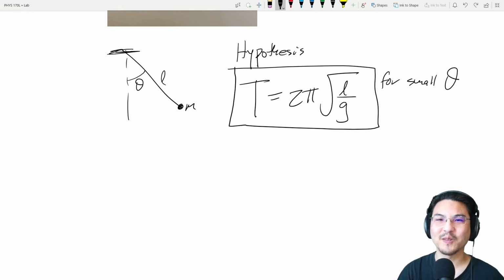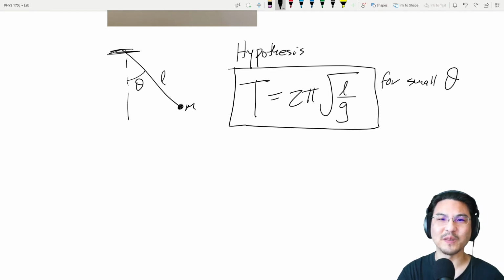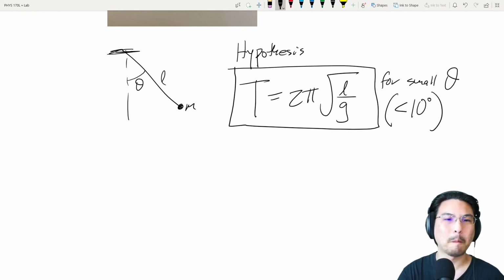So the mass shouldn't even affect the period. The angle shouldn't affect the period. Only the length and g. So if you do this on a different planet, the period will be different. But this is for small angles. So let's decide on what small means. Let's keep it less than 10 degrees.